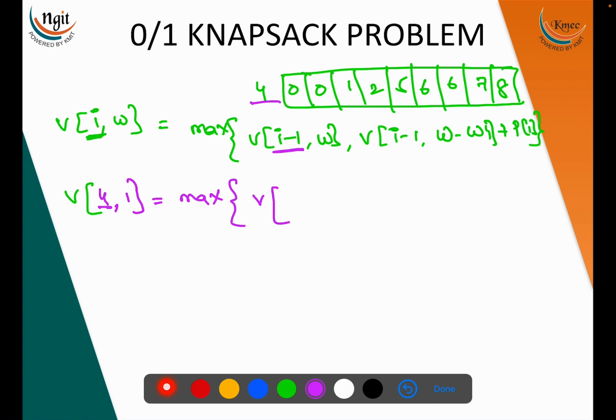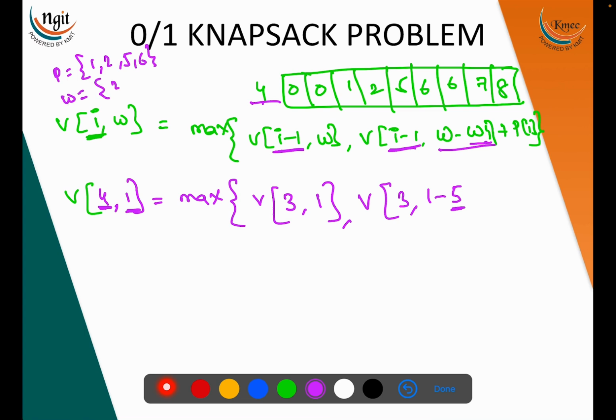That is, i is 4, i minus 1 is 3 comma w, weight is what? 1 comma V of 3 comma, because it is i minus 1 again. Now w minus wi, 1 minus 5. This 5 is what? wi. i value is 4. Weight of this 4. Weight of the 4 is what? In the problem we had taken, right? So what is the value?